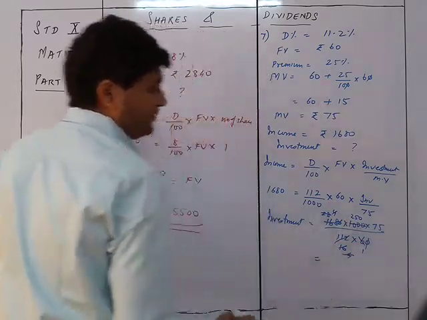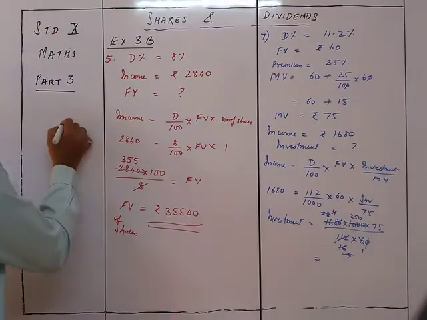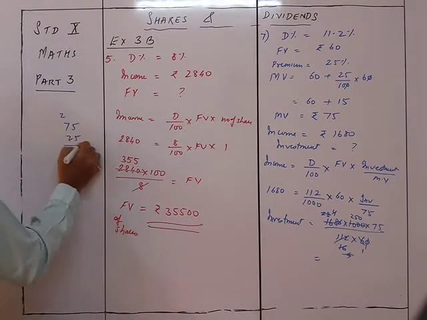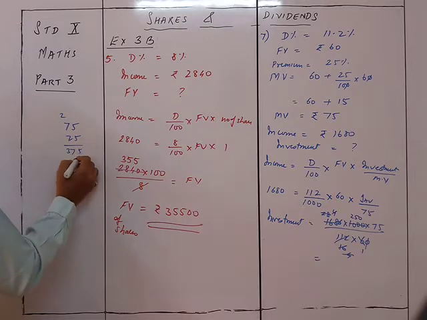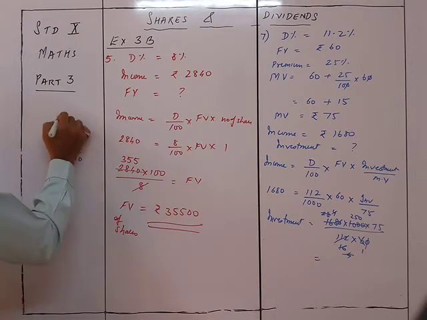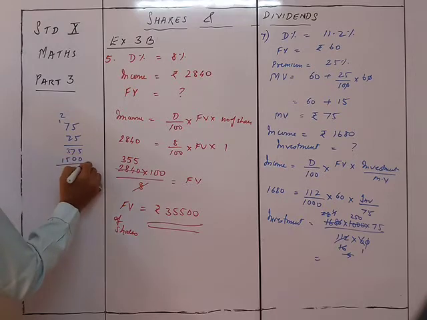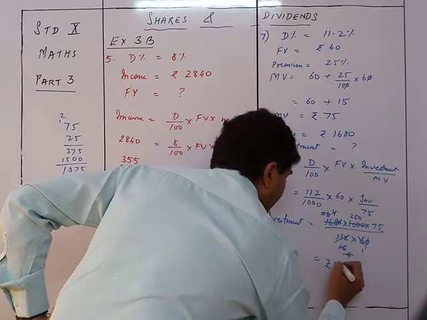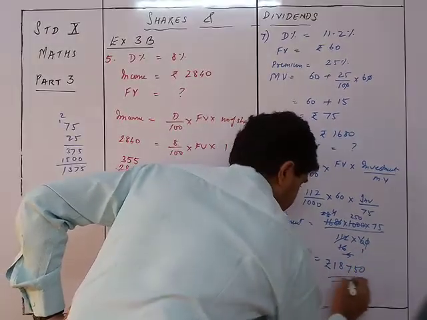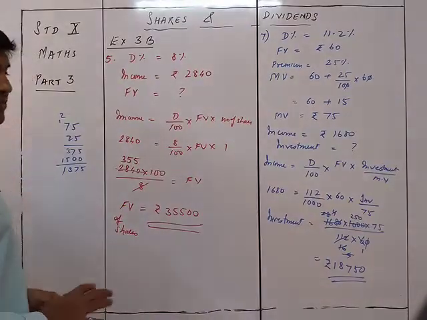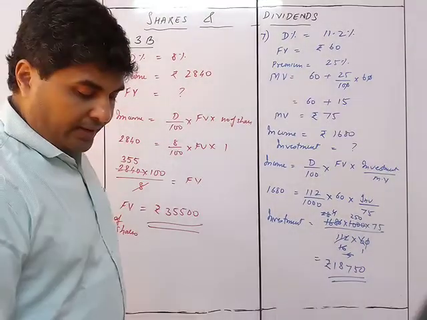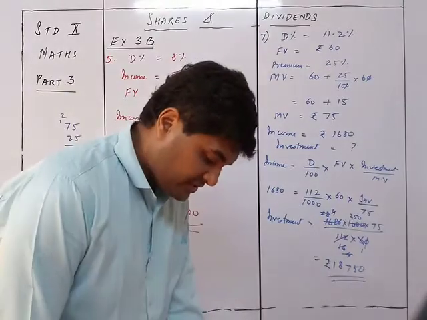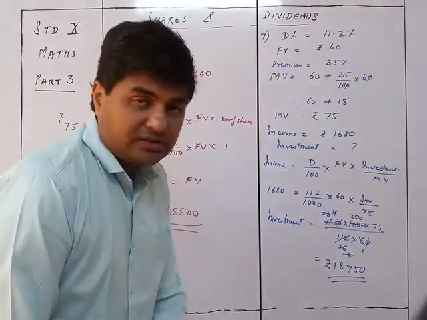So 75 into 250, so it is 75 into 25, 5 5s are 25, 5 7s are 35, 37, 7 5s are 35, and 14, 15. So 5 7 8 1 7 5. So that will be rupees 18,750. That is 18,750 will be the investment required in sum number 7. So sum number 7 investment is 18,750.